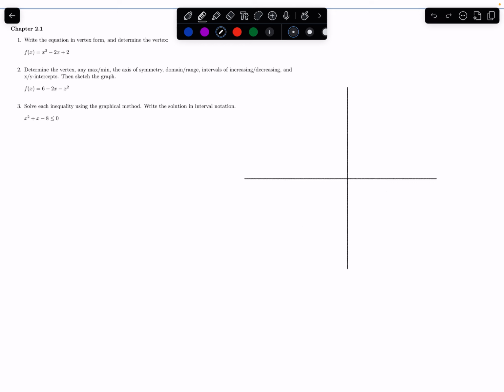Okay, so what I really care about is where I cross, if it does cross. And then from there I can determine where it is below 0 and where it is above 0. In this case, I care about the below 0 part. So in other words, the most important thing for me is just the x-intercepts. So I'm going to solve it using the quadratic formula: negative 1 plus or minus the square root of b squared, which is 1, minus 4ac, where a is 1 and c is -8, all over 2a, which is 2 times 1.